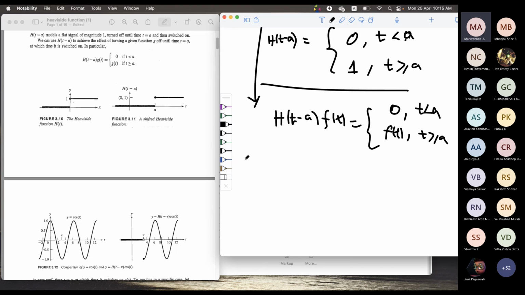For example, consider this graph. This is my t and this is my f of t.